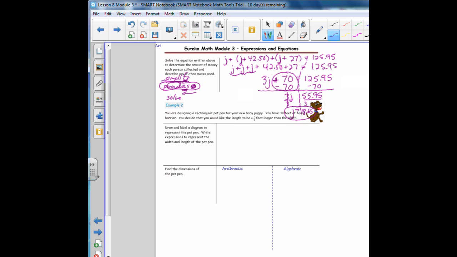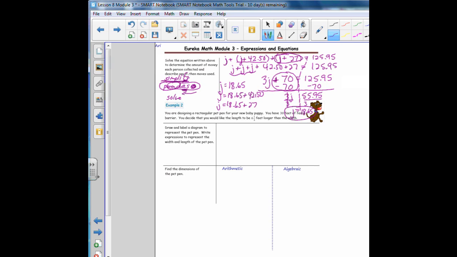So what that means is that Julia earned $18.65, and Keller earned $42.50 more than that, so we have $18.65 plus $42.50 for Keller. And then Israel earned J plus 27, which is $18.65 plus $27.